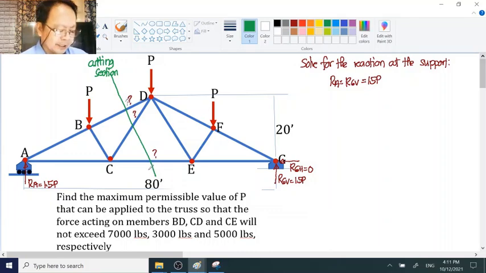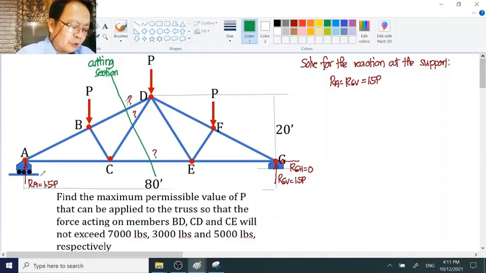Simpler in the sense that it is simple to draw and simple to solve. I believe this left part is simpler to draw at kaunti lamang yung mga forces involved because there are only two forces involved, one is the reaction at A and the other one is the force acting at B. Kaya makikita natin dito na itong left part of the exploratory section is simpler to consider.